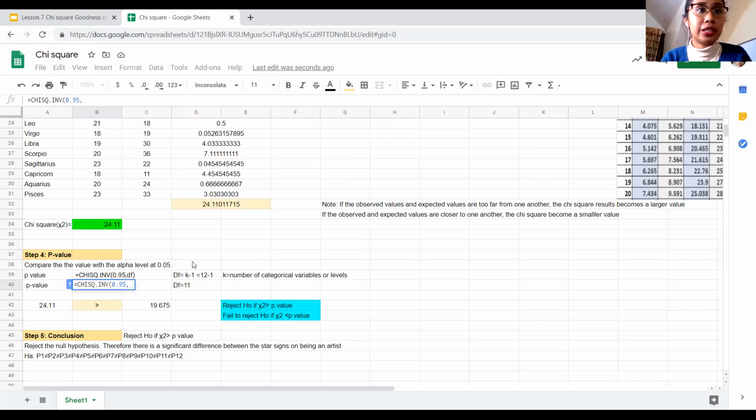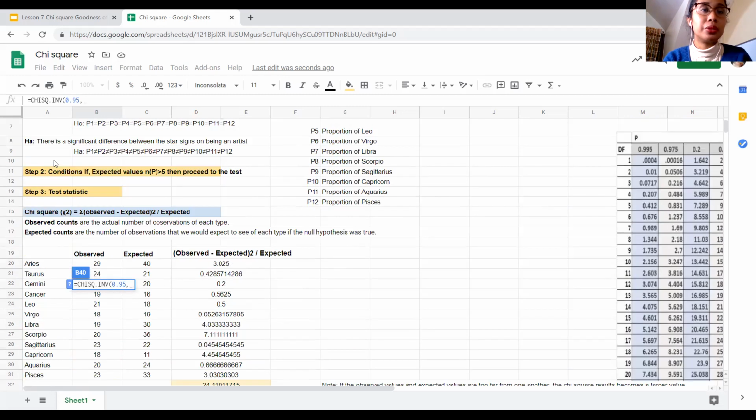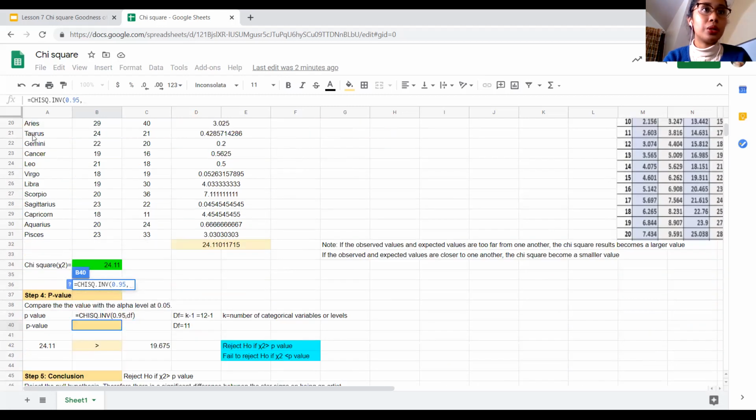So, degrees of freedom. How do we get the degrees of freedom? Just count the number of categories minus 1. How many categories do we have? 12, right? Aries, 1, 2, 3, 4, 5, 6, 7, 8, up to 12. Minus 1 equals 11. K minus 1 to get your DF, degrees of freedom.